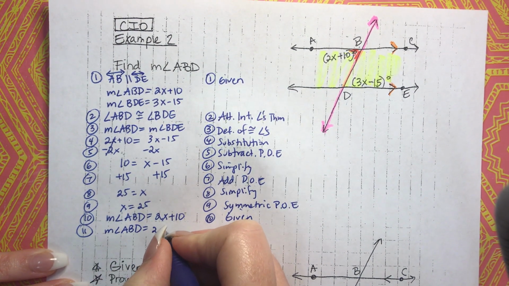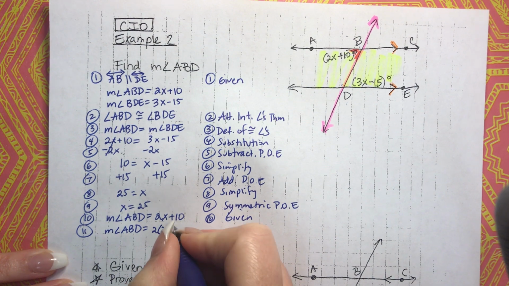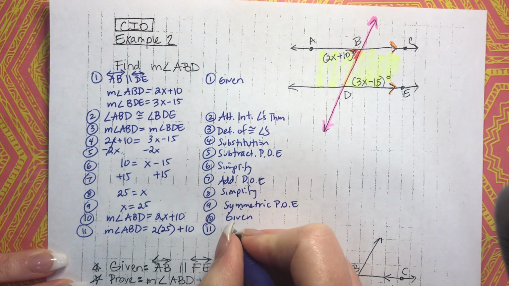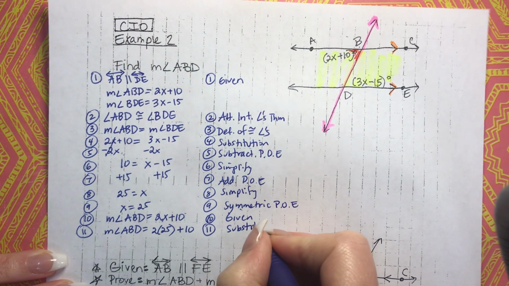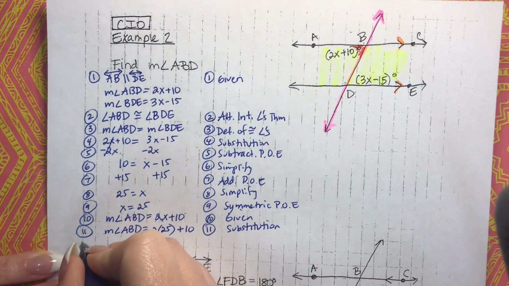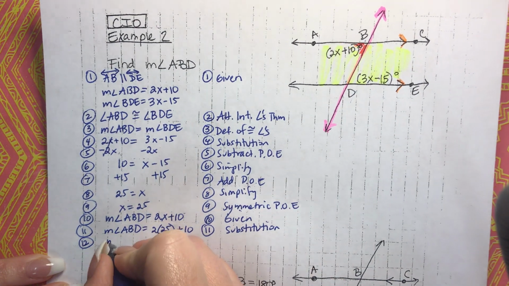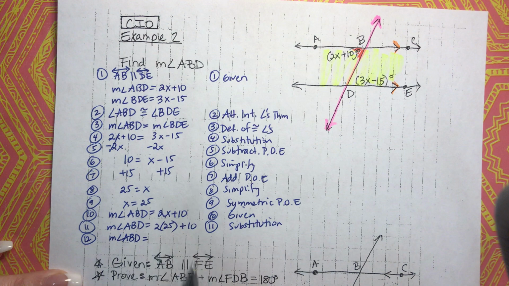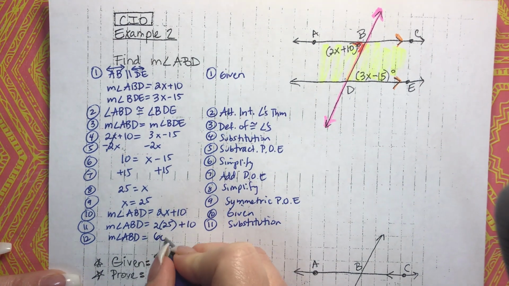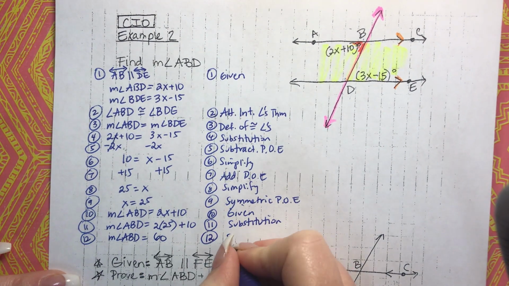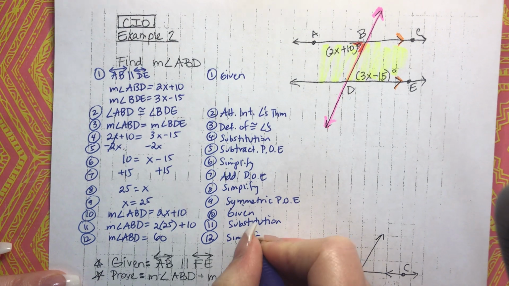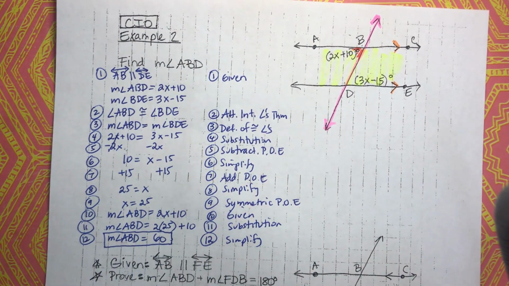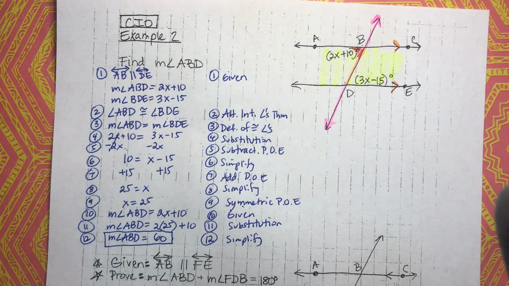We get 2 times 25 plus 10. Then we simplify: 2 times 25 is 50, plus 10 is 60. So there we have it, the answer. All right, perfect. And that's how you write it all down.